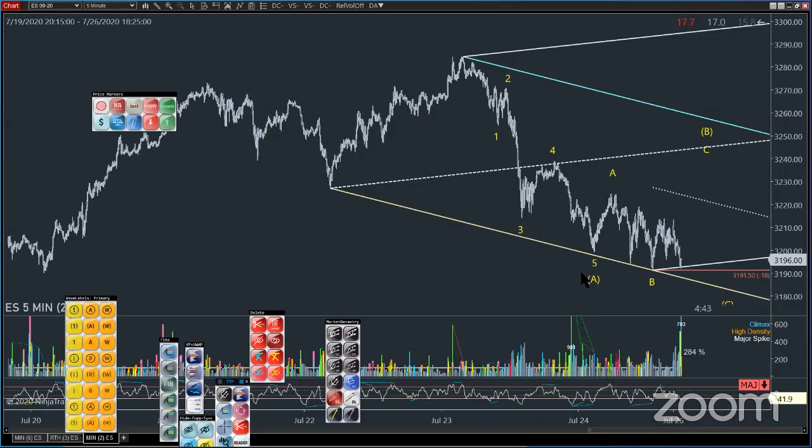But let's figure it out. If it does do that, then what is the target? The target is really right in here, between that 138.2 and 161.8.